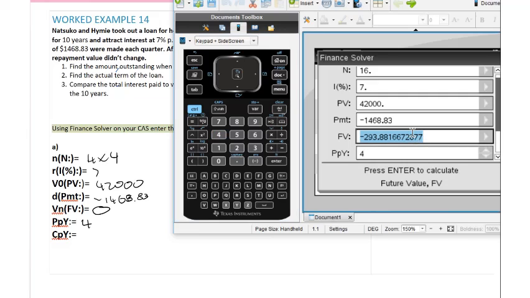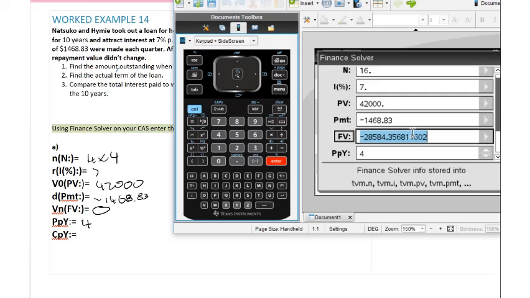So I go back here and I press enter, and I find that after 4 years, I still owe 28,584.